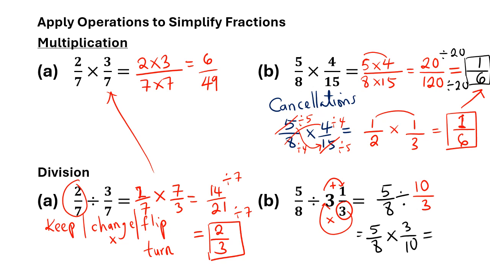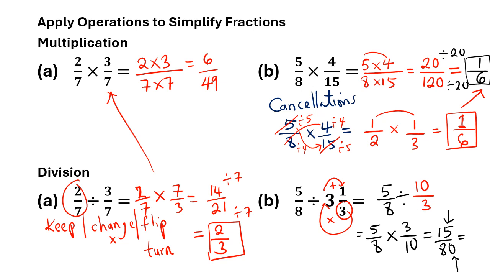If I wanted to do my cancellations right here, I can easily do that and end up with a very nice number. But let's just say 5 times 3, 15, and 8 times 10 is 80. We know that if the last digit of a number is 5, that number is divisible by 5, right? And if the last digit is 0, it is also divisible by 5.